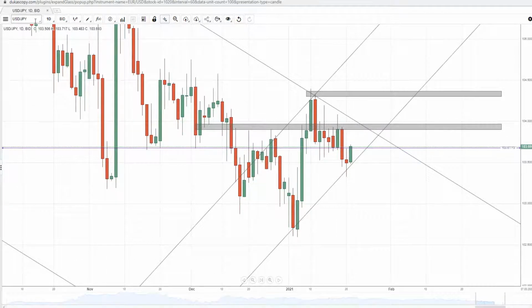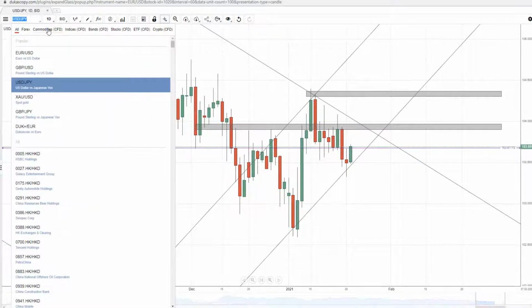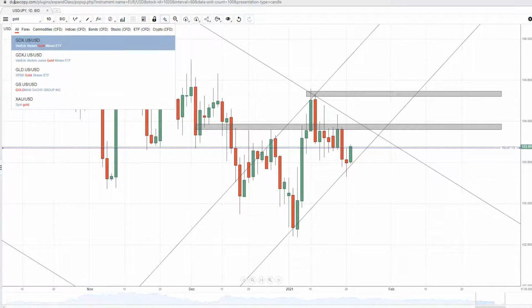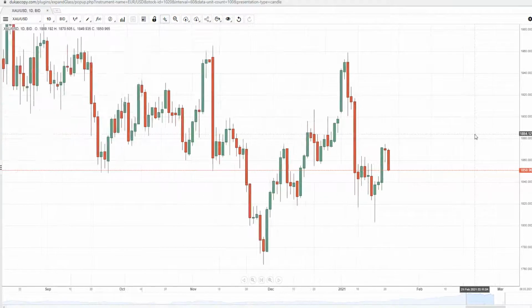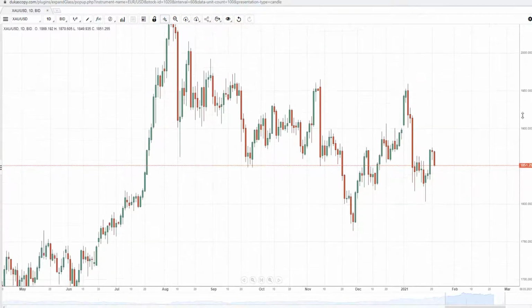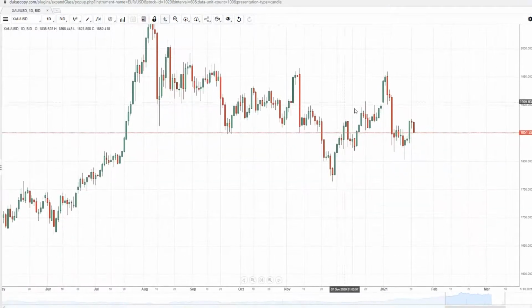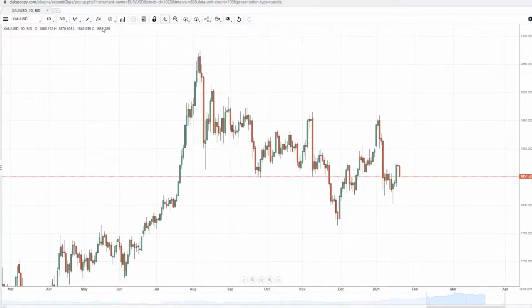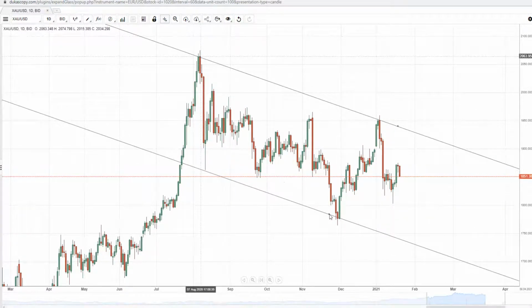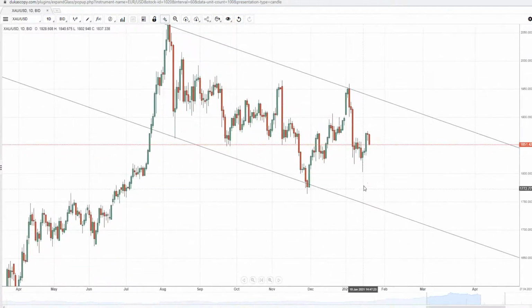And finally, take a look at gold USD. The gold USD is very simple. Looking at this pair, it has been making a downward movement.